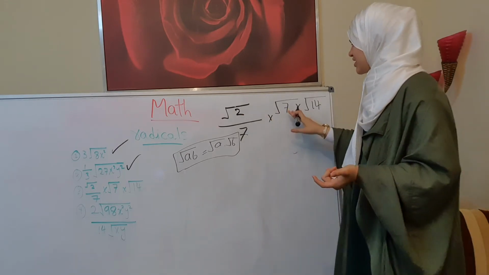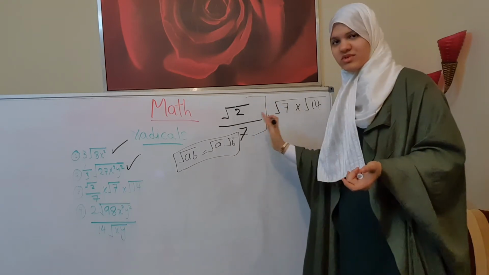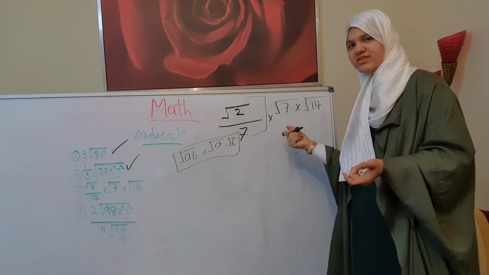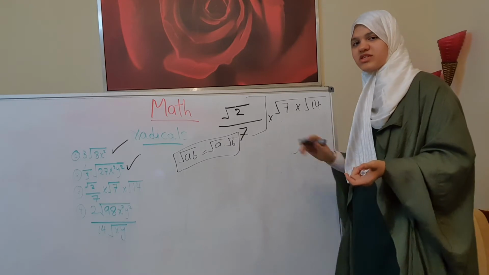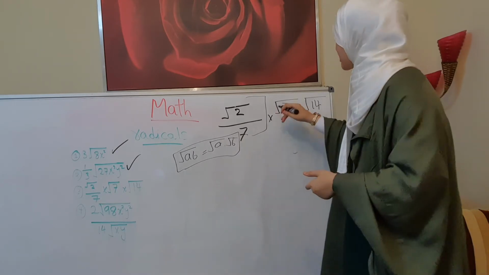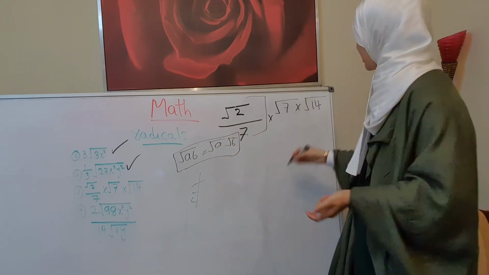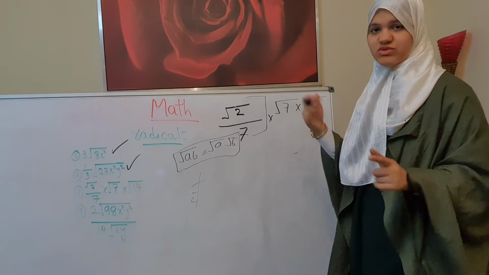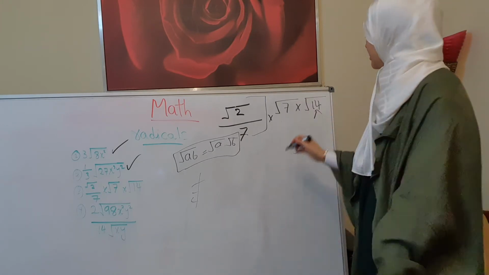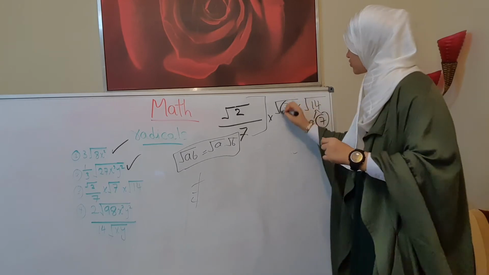Radical 2 times radical 7 times 14. You can leave this number alone and make radical 7 and radical 14 together. That means 7 times 14. You can make another line and solve it, but either way, we know that 2 times 7 is equal to 14. So here it will be 2 and here 7, and we have 2, 7.